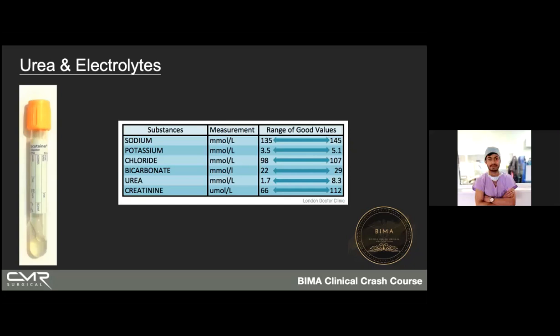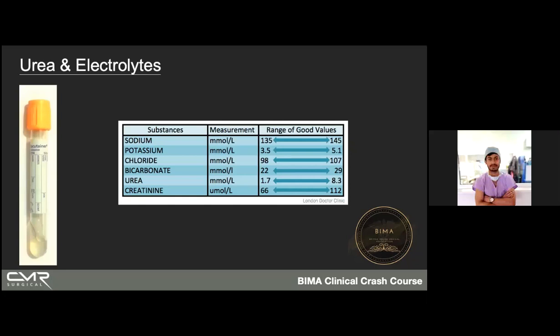It can also be a decreased eGFR of 25% or more, and also urine output falling to less than 0.5 mils per kilogram per hour, as I mentioned earlier. So you would mainly diagnose AKI via blood test.